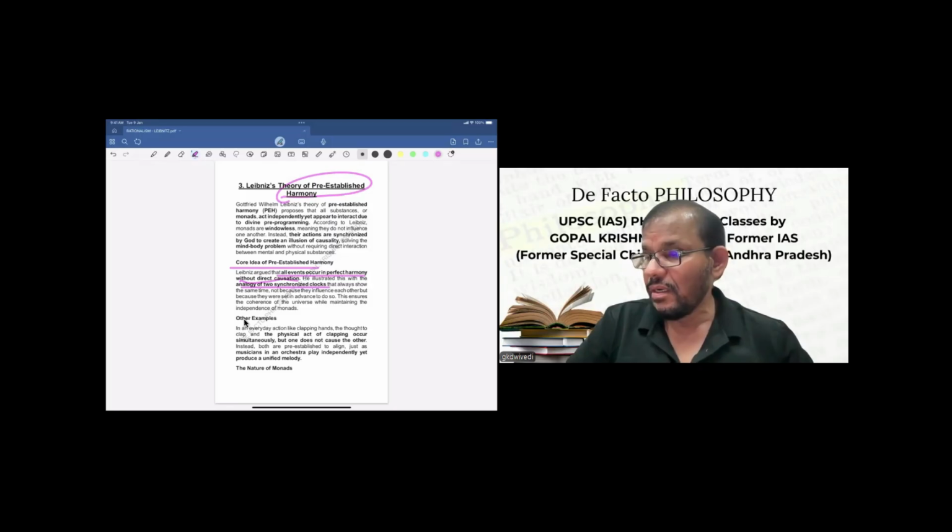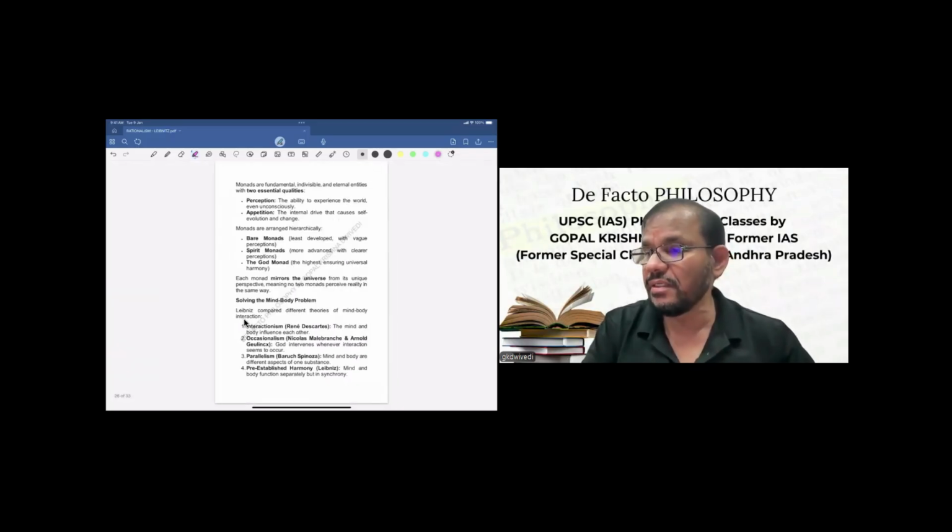For example, musicians in an orchestra play independently yet produce a unified melody. Then the physical act of clapping and a sound occur simultaneously, but one does not cause the other. Several examples he has given regarding how pre-established harmony is maintained by God in different monads.